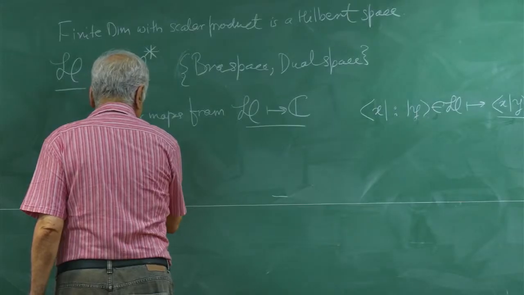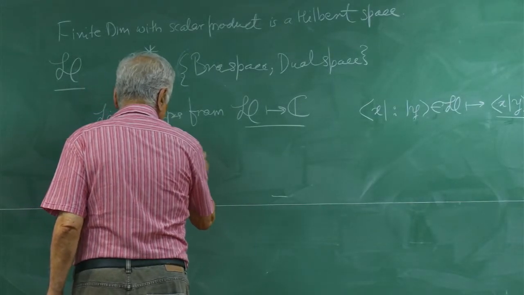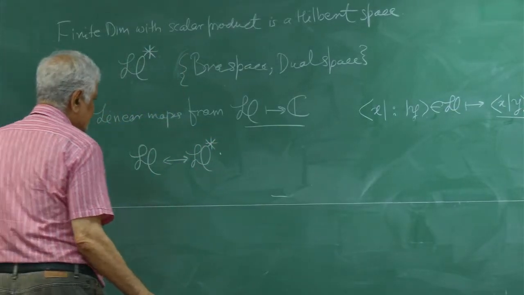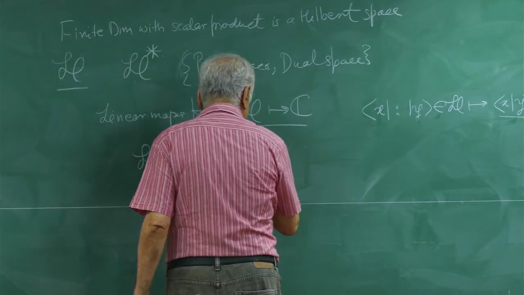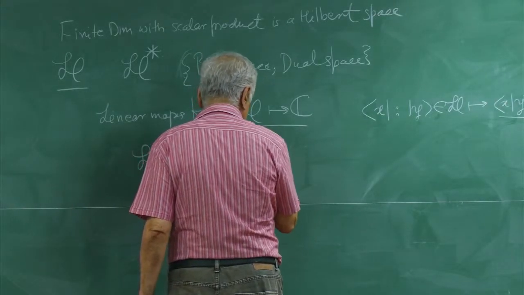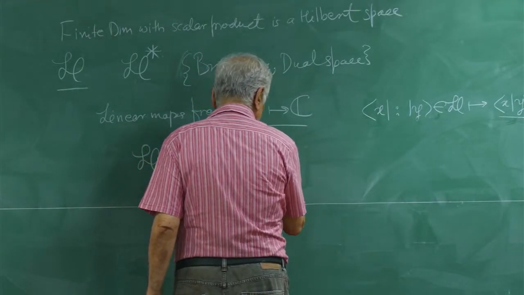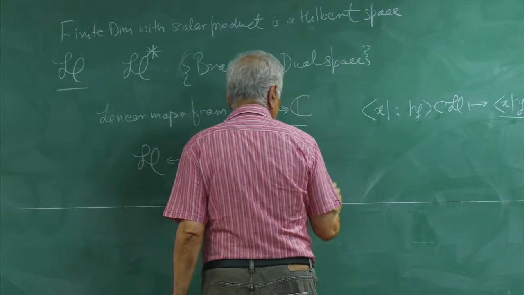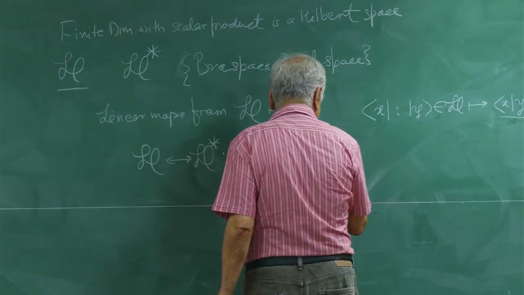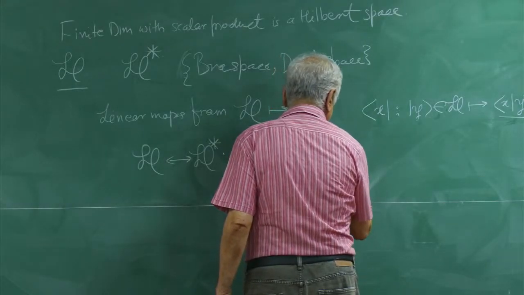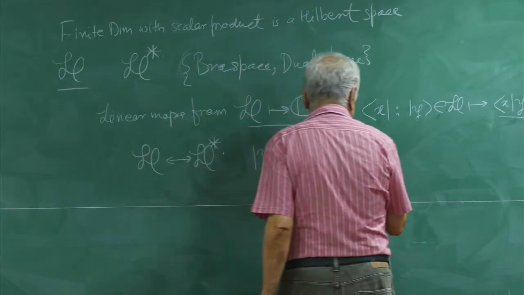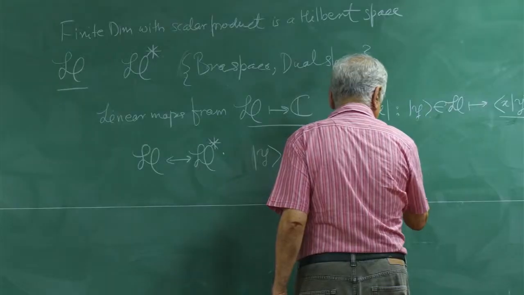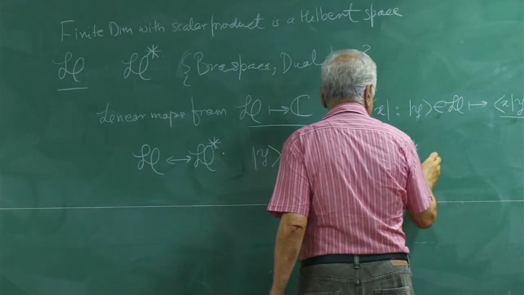There is a one-to-one correspondence between H and H star. You can get a correspondence such that given any ket Y in H, there exists a bra Y in H star, and which is unique.